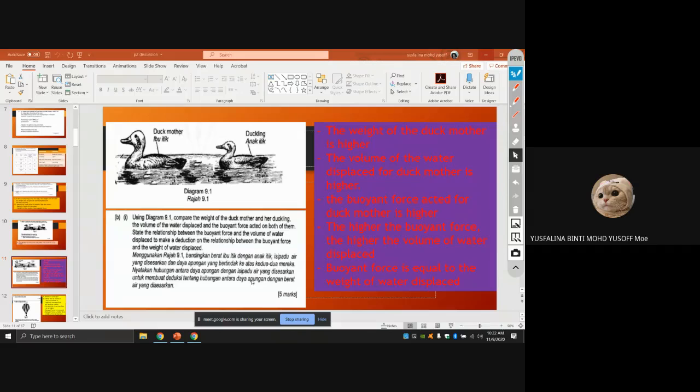Since Archimedes said that the weight of the liquid displaced is equal to the weight of the object, the buoyant force is equal to the weight of water displaced. Or you can say the higher the buoyant force, the higher the weight of water displaced. Alright, next one.